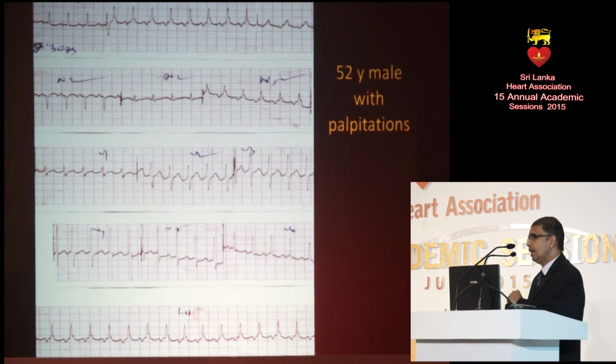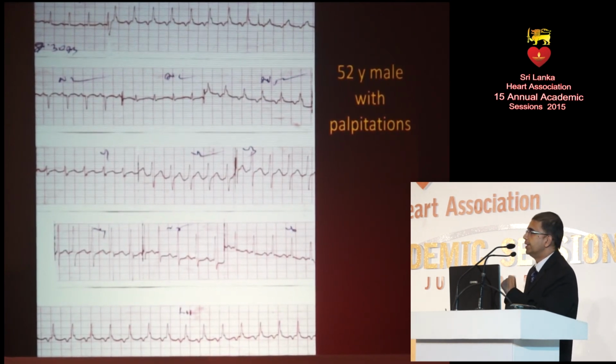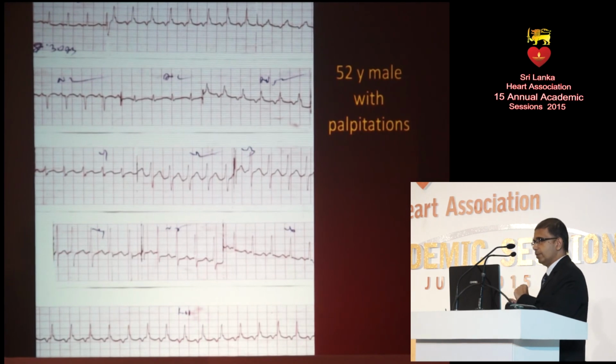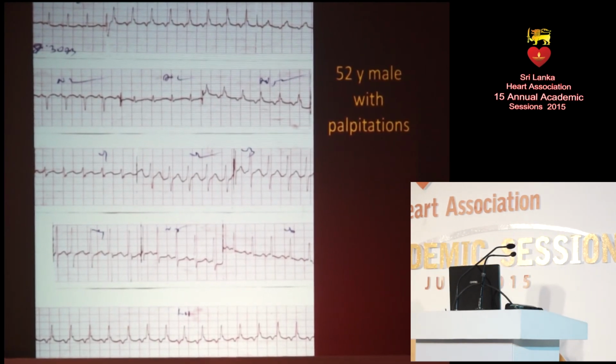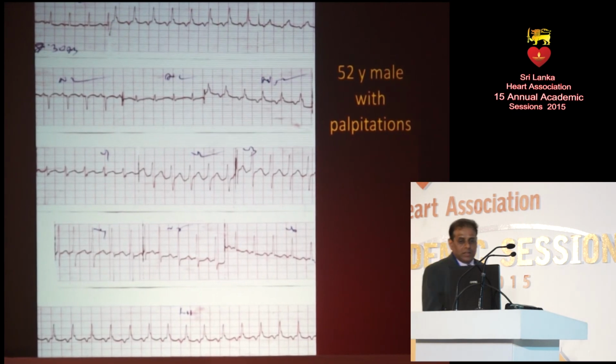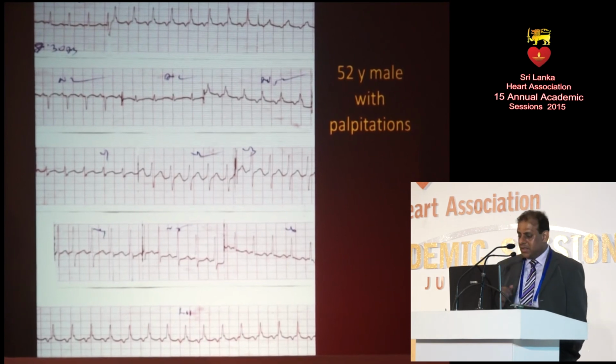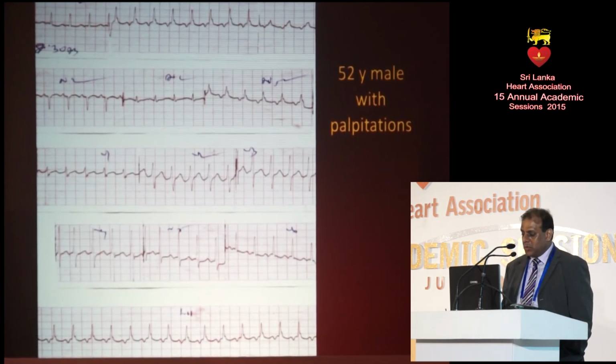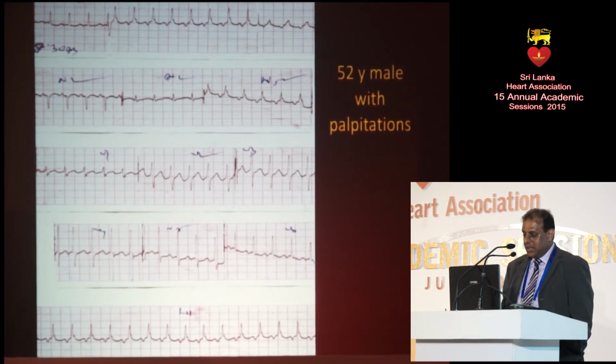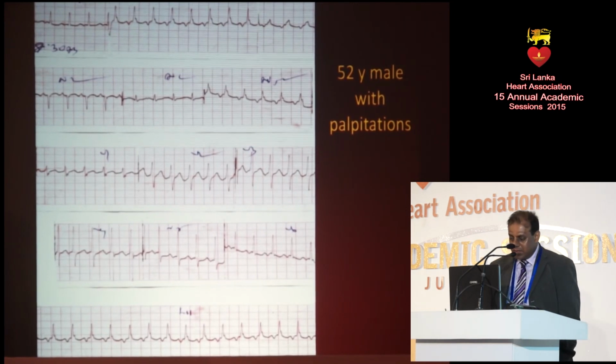So I think we'll have to stop there because unfortunately, oh, okay, one more case. Interesting ECG. We are back with tachycardia, and this is a 50-year-old male who presented with palpitations. I'll give you a minute to reflect on this.